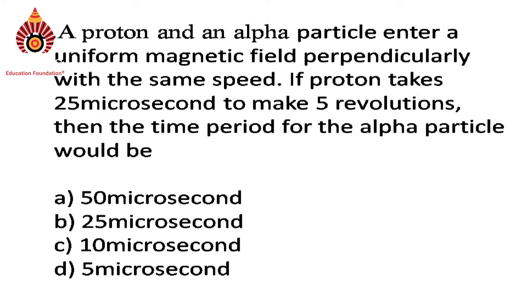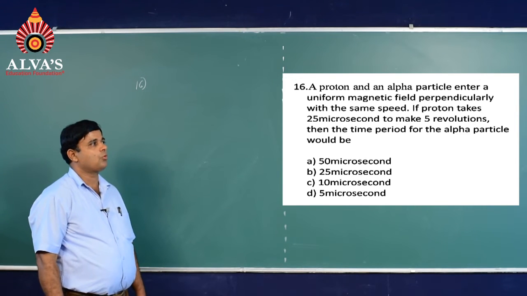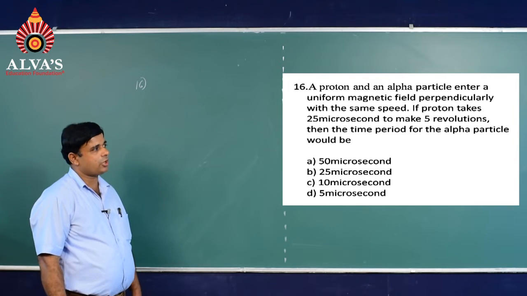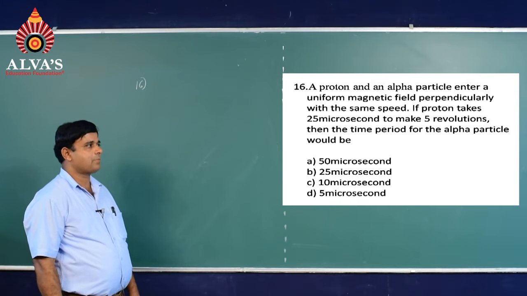A proton and an alpha particle enter a uniform magnetic field perpendicularly with the same speed. If the proton takes 25 microseconds to make 5 revolutions, then what would be the time period for the alpha particle? A proton and an alpha particle moving perpendicularly with the same speed in the same magnetic field implies they move in a circular path.